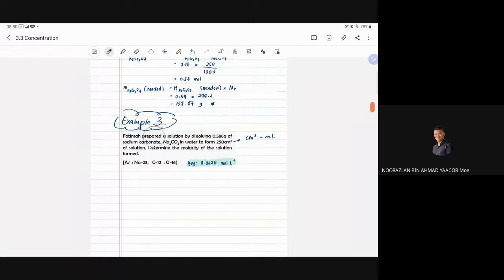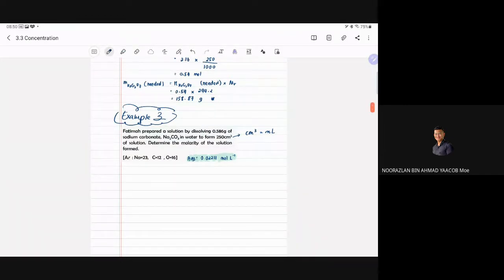Okay, so Fatima prepare solution. So dia bagi mass, dia bagi volume. Okay, kita nak cari molarity dia. Okay, so nak cari molarity, mula-mula kita kena cari number of mole dulu.